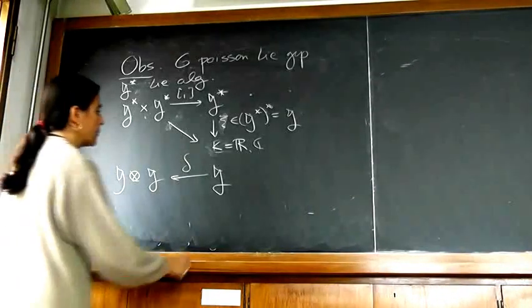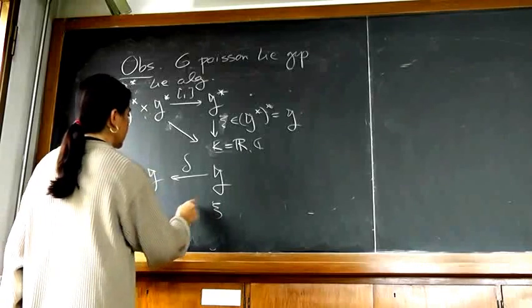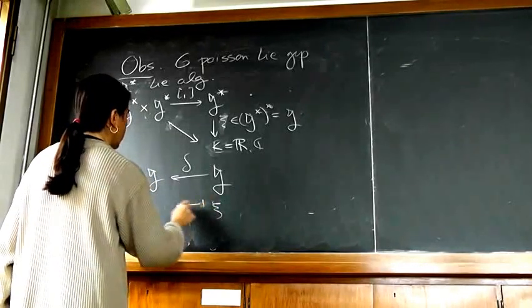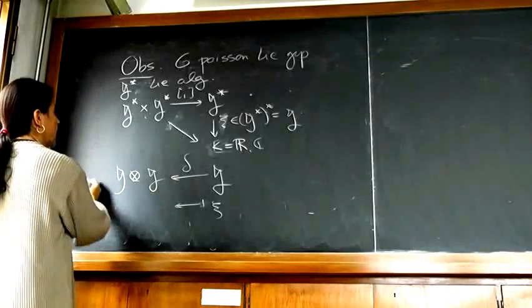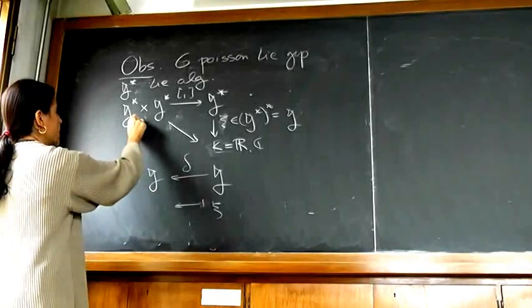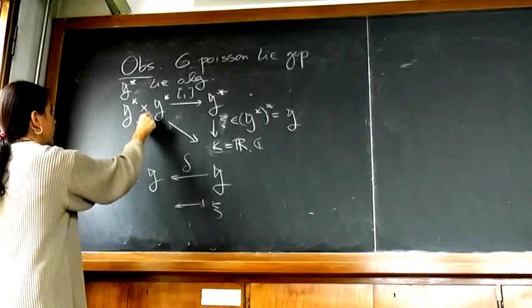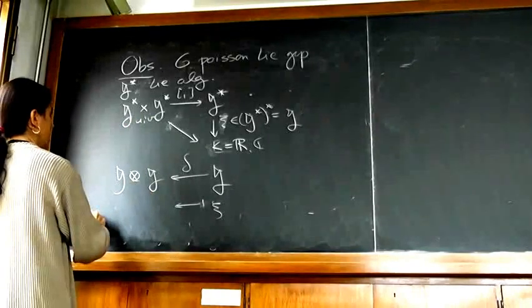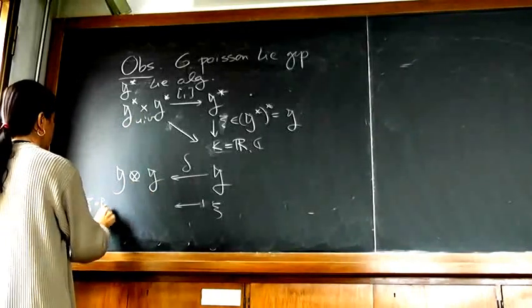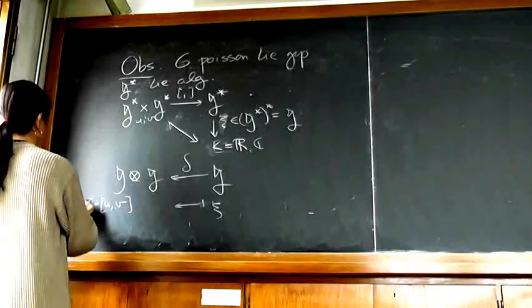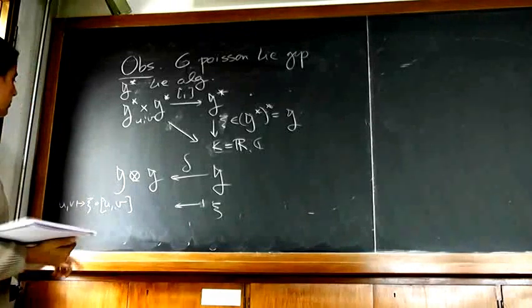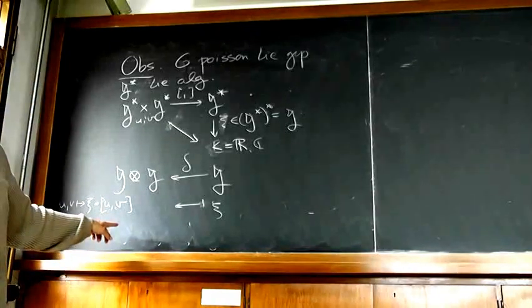If you take an element psi, what is the image of U and V? This image will be psi composed with the bracket.